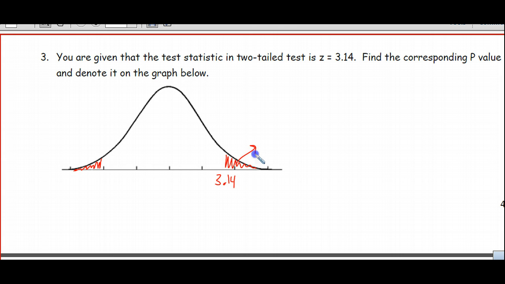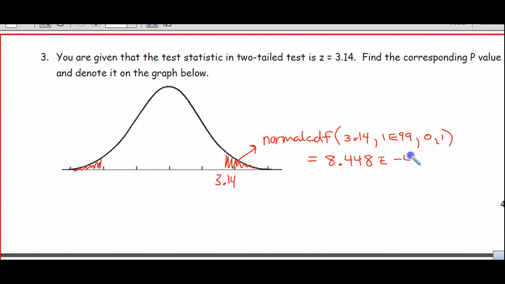Now I still need this area. So again, we're going to do normal CDF, so my lower 3.14, my upper 1E99, 0, 1. Go ahead and do that on your calculator. You should be getting this.